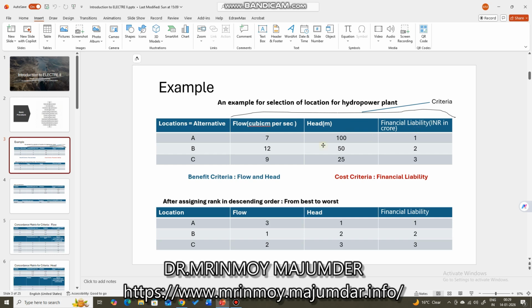The data is like this. Data is purely imaginary. Don't try to compare it with any realistic projects. This is only for demo purpose.